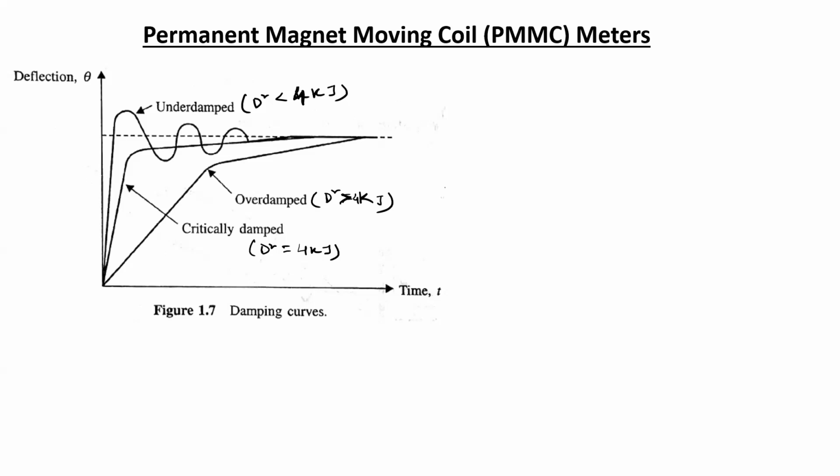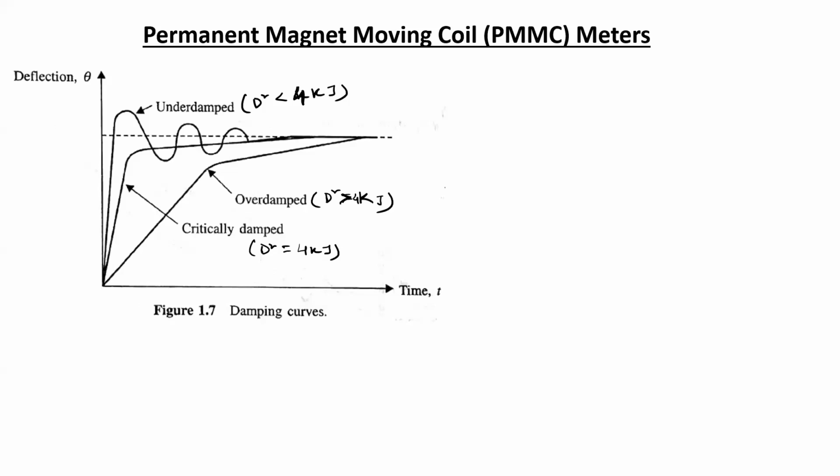Now, some sources of error for this type of moving mechanism could be the weakening of the permanent magnets due to aging. If they are used for a long time, their magnetism is supposed to be decreasing. So that could be one of the sources of error.